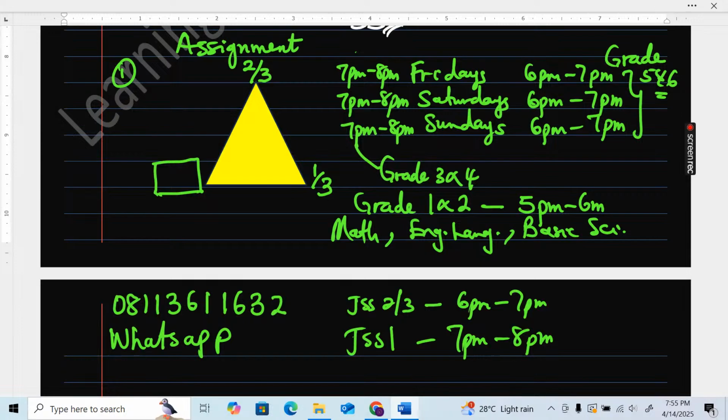I promise to give you 5 stars if your answer is correct with clear workings. No workings, no 5 stars. Take the picture of your work. Make sure you show this triangle. If this triangle is not showing with all of this plus your workings, no 5 stars for you.